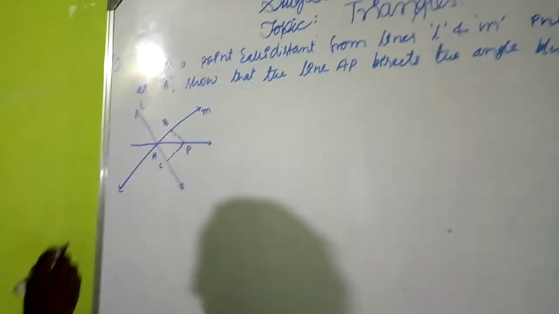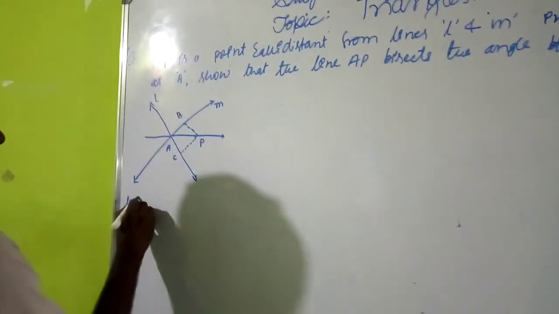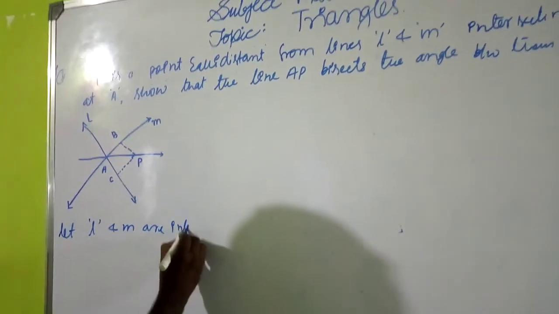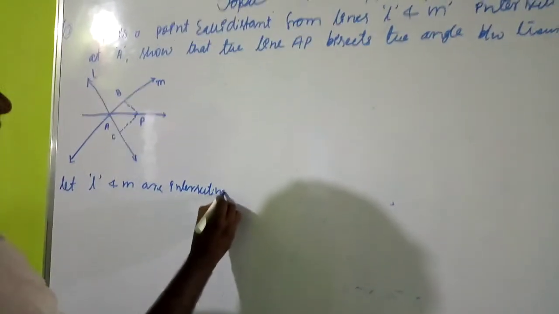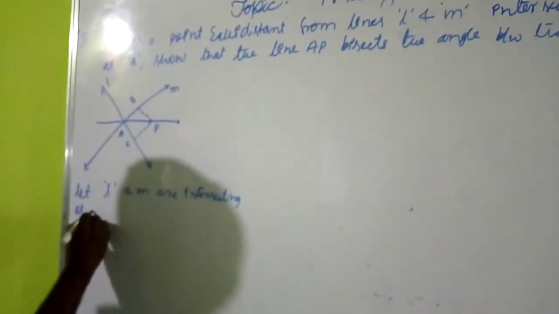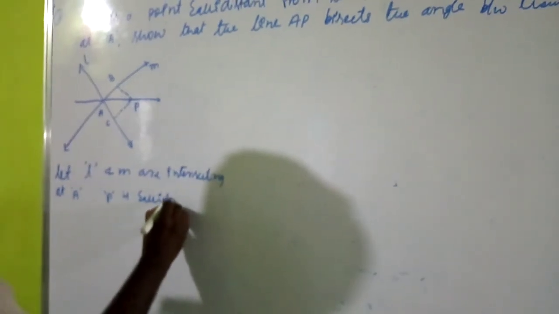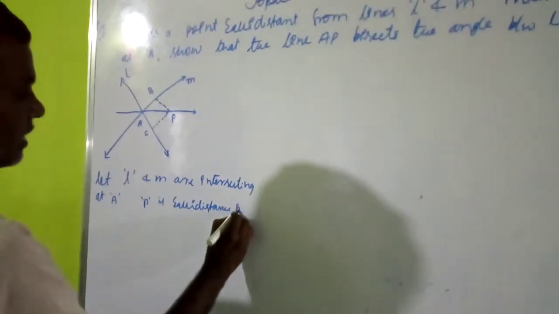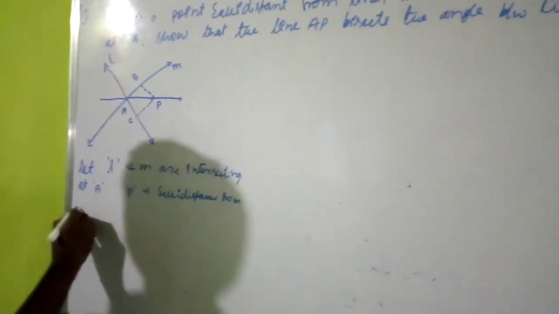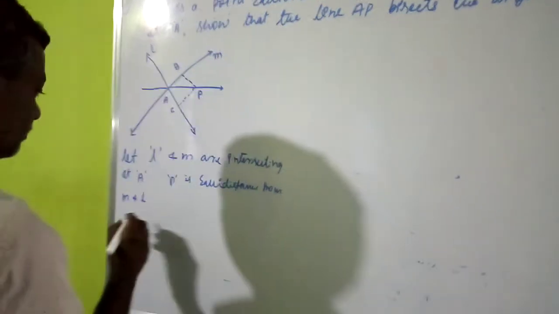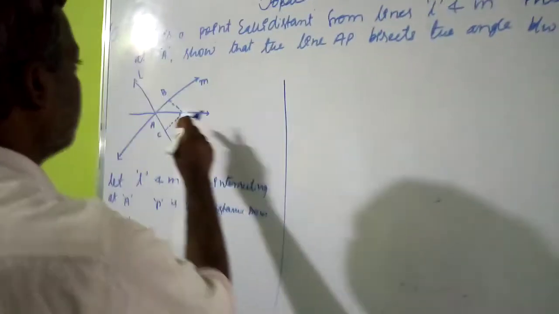Okay, just take down what is given here. Let L and M be lines intersecting at A. Point P is equidistant from the lines M and L. Next, from the diagram, just observe here.